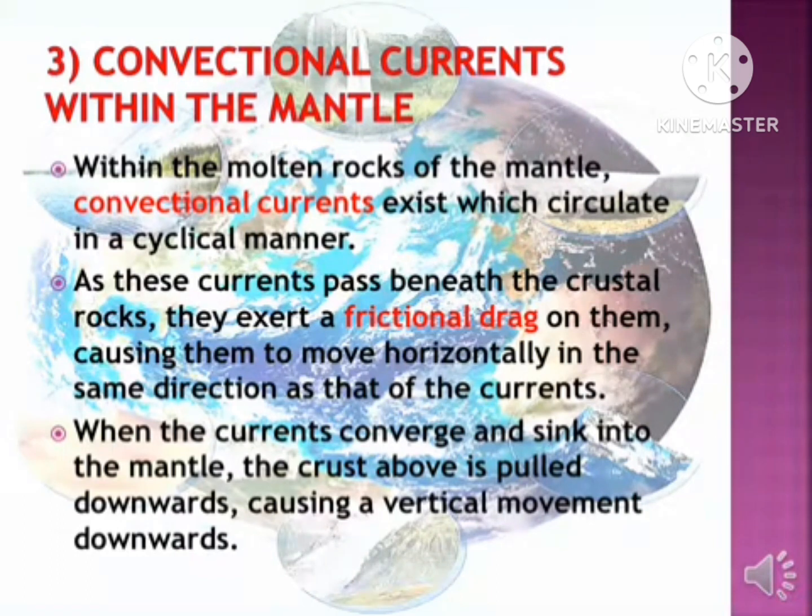As these currents pass below the crust rocks, they exert a frictional drag on them, causing them to move horizontally in the same direction as that of the currents. When the currents converge and sink into the mantle, the crust above is pulled downwards, hence resulting in the vertical earth movements of the crust.